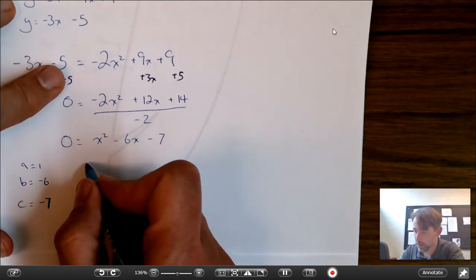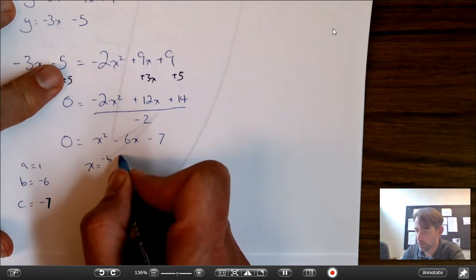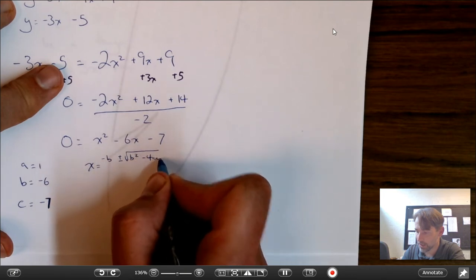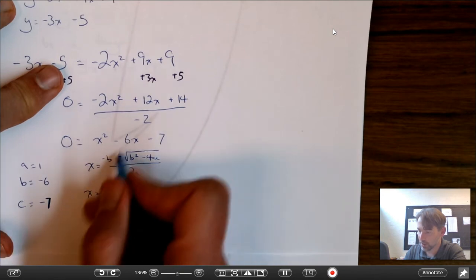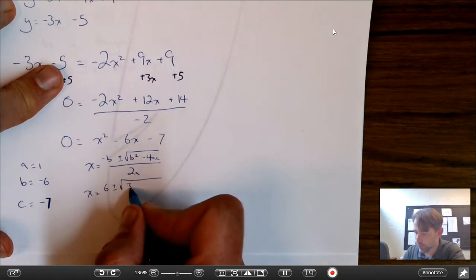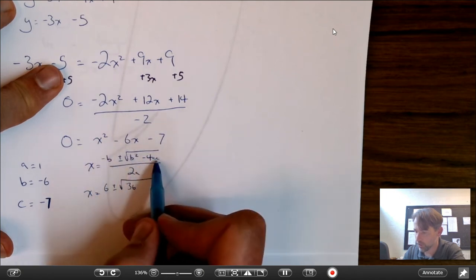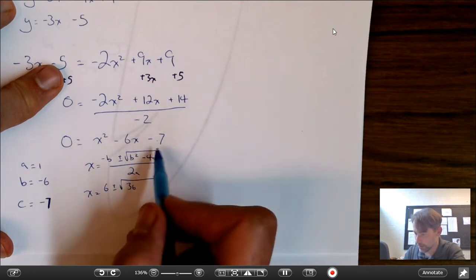Okay, so x is equal to negative b plus or minus the square root of b squared minus 4ac, all over 2a. So x is equal to negative b, which is 6, plus or minus the square root of 36 minus 4 times 1 times negative 7, which is positive 28.